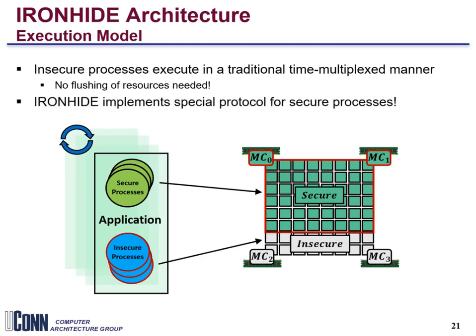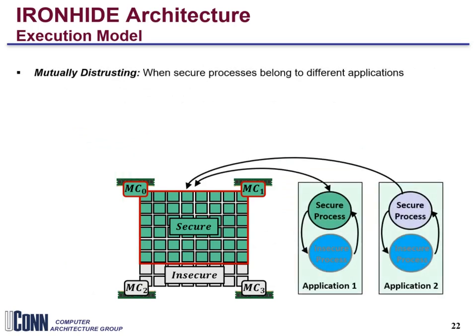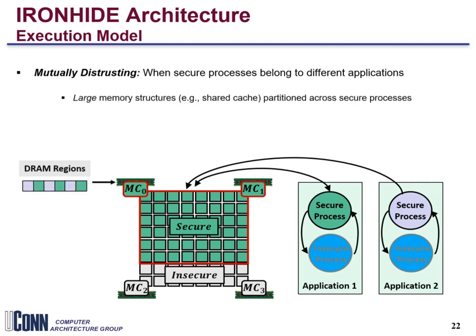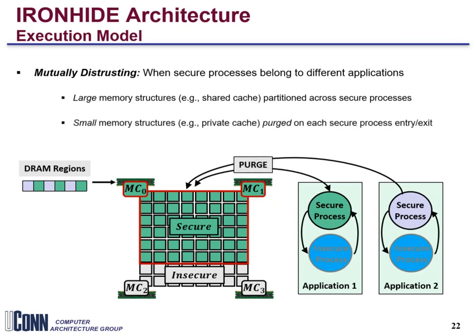However, IronHide implements special handling for the secure processes to execute in the secure cluster. In case the secure processes belong to different applications, IronHide considers these secure processes to be mutually distrusting and utilizes a similar execution model as adopted by MI6, where the large memory resources such as shared caches and off-chip memory are partitioned across the secure processes, and the temporally shared private resources are purged on every secure process entry and exit to create a pristine execution environment.